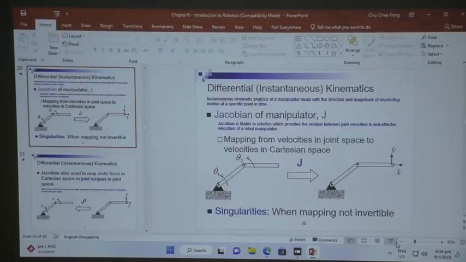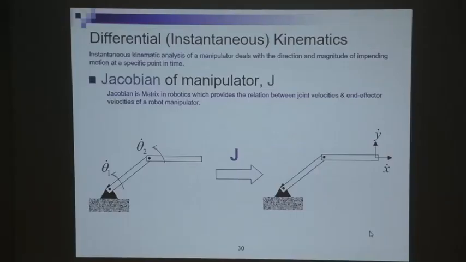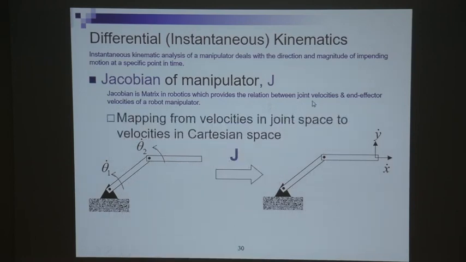If you go back to the slides, it will be something like this. The definition of a Jacobian is a matrix that provides the relationship between the joint velocity and end effector velocity of your robot manipulator. This is the joint velocity theta 2 dot, and this is the end effector.